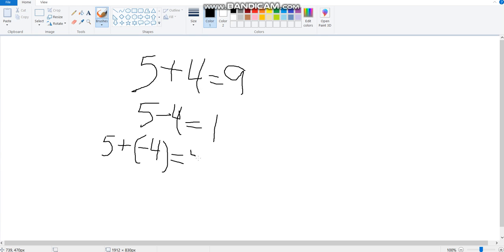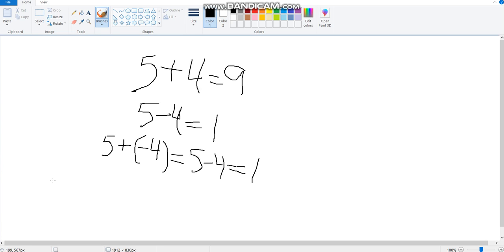So it's the same thing as 5 minus 4, and I know that equaled 1. So when you add a negative number to another number, you will still get it in the form of a number minus a number.